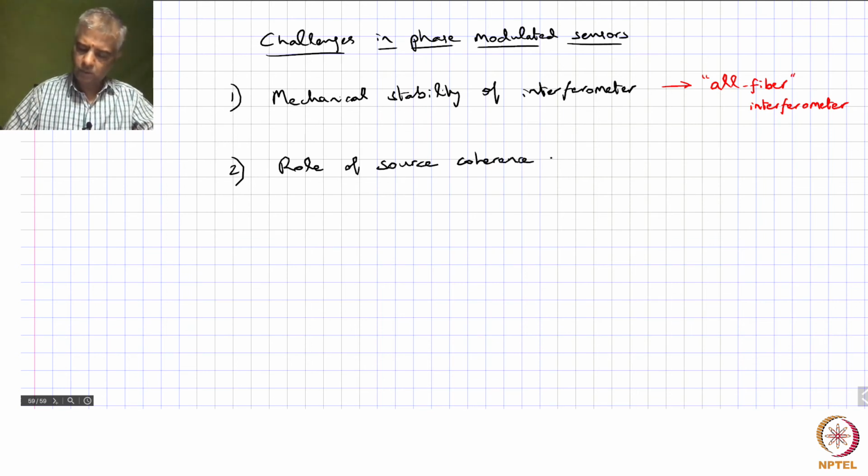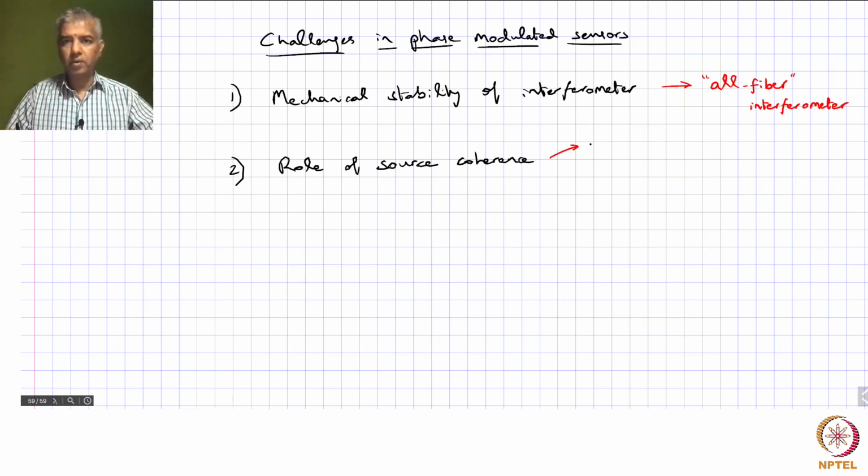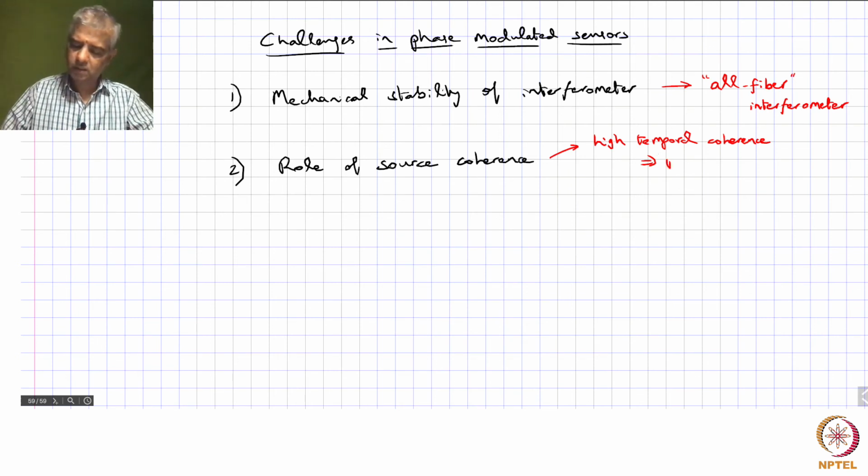And with respect to this, what we understood was narrow line width sources with high temporal coherence implied that you could pick up phase information from long distances, right?